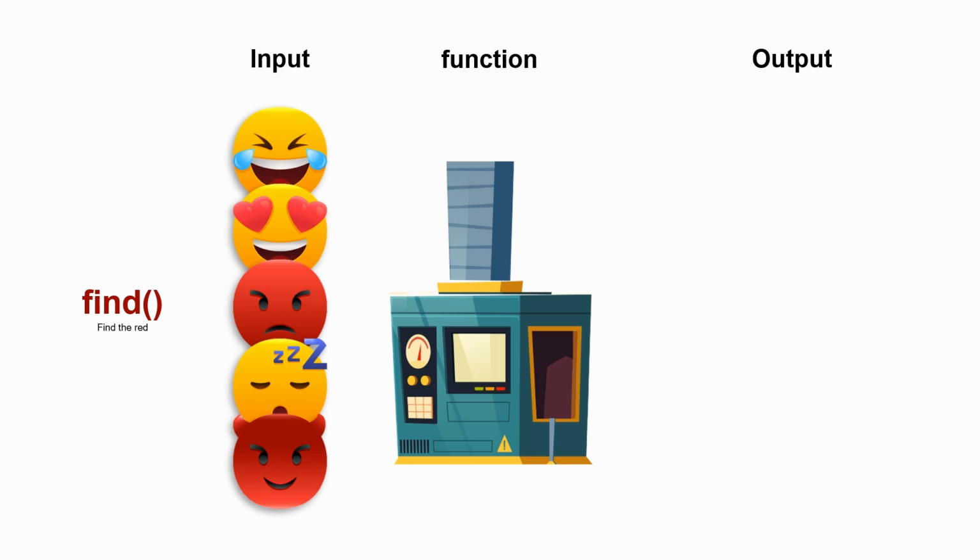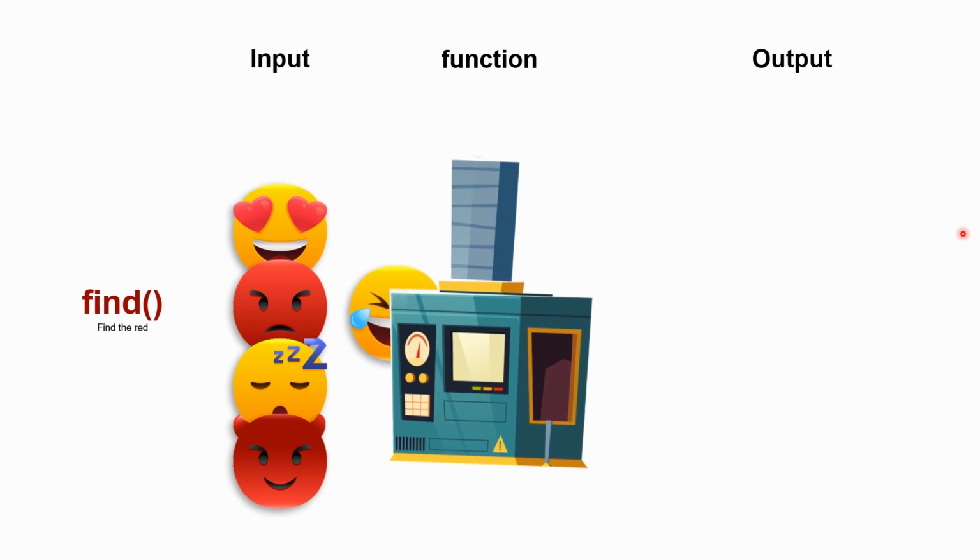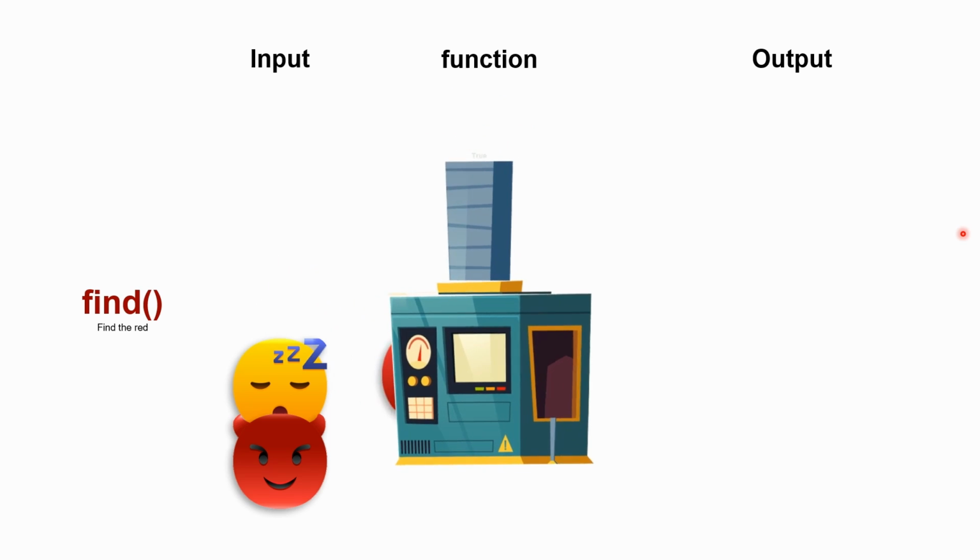While demonstrating, you can see that the function stops working whenever it finds the first red emoji. And do you see the function only returns an element and not an array of elements? So the find function will return an element, not an array. Sometimes in some other programming languages, it even returns the index only, not even the element.